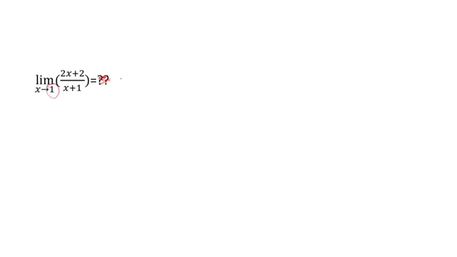But like always, to be consistent, just write out the equation and try to make some observations. In this case I see that I can factor 2, so 2 times x plus 1 divided by x plus 1. These cancel out, so I just get 2.